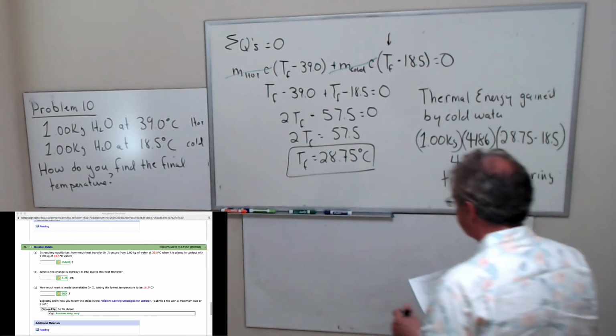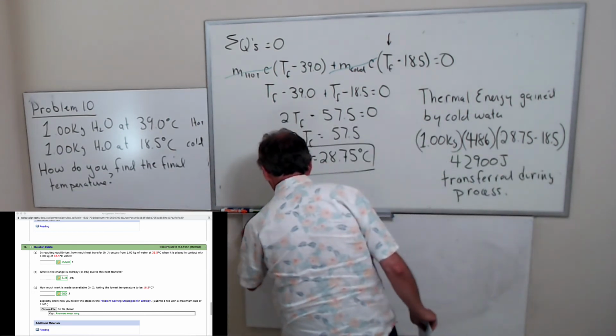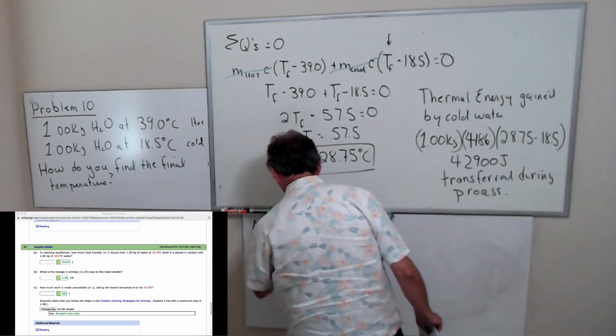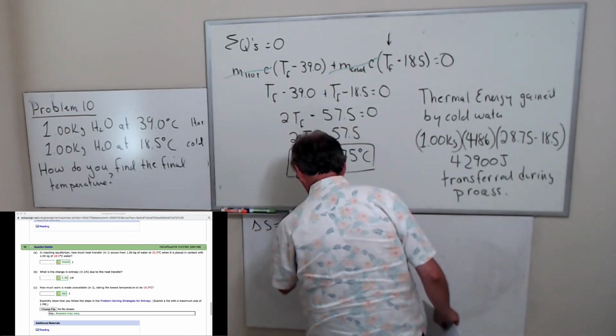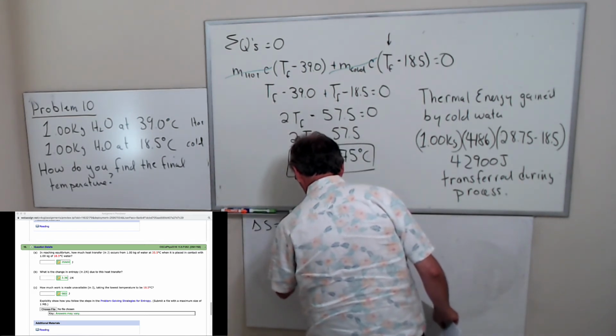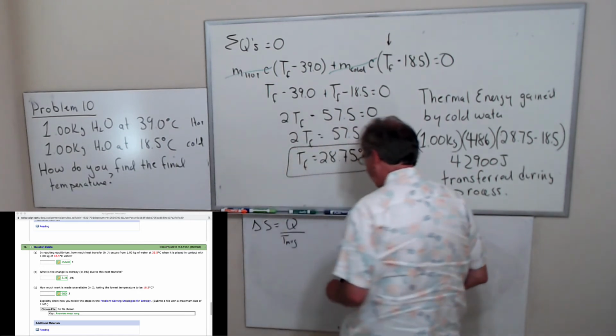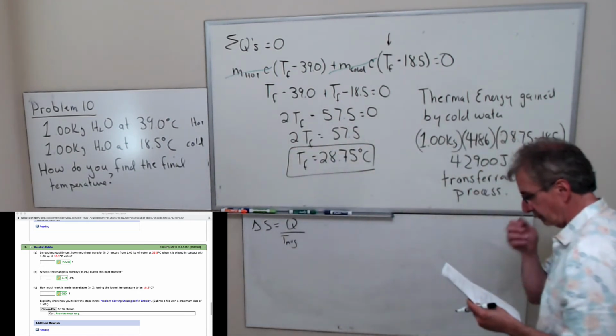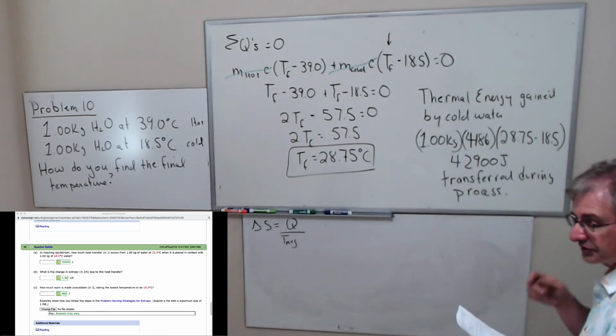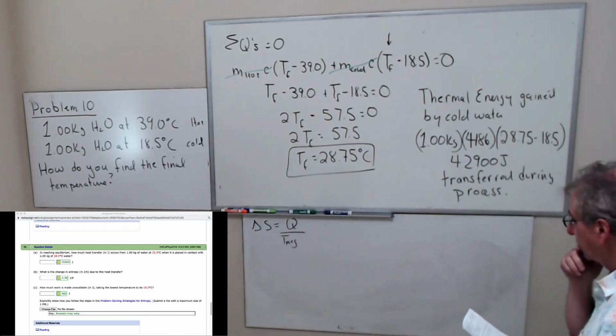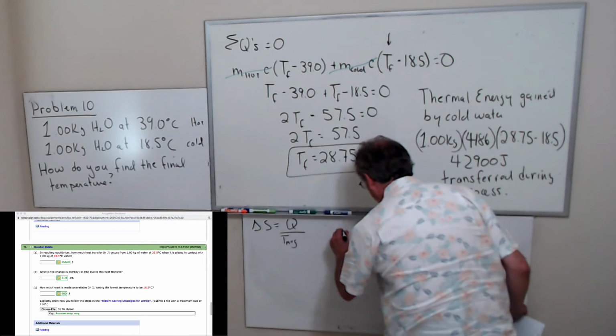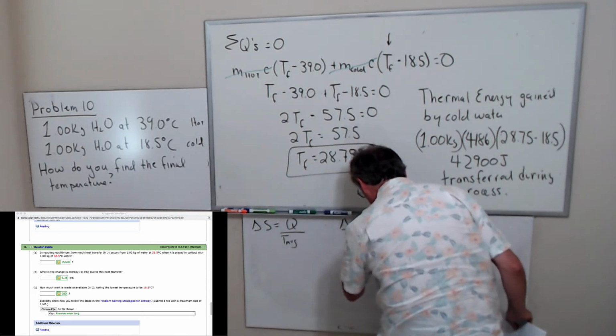And so they say that delta S is Q over T average for the process. Okay? So I need to figure out delta S for the cold.